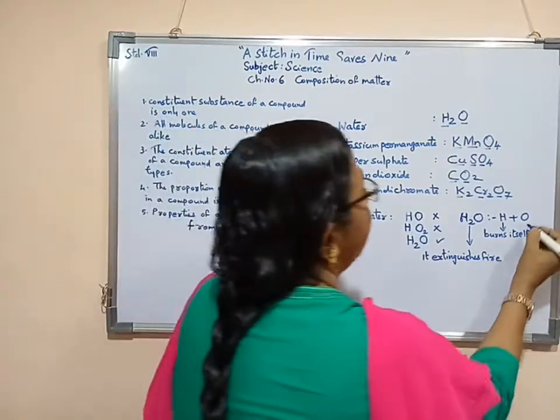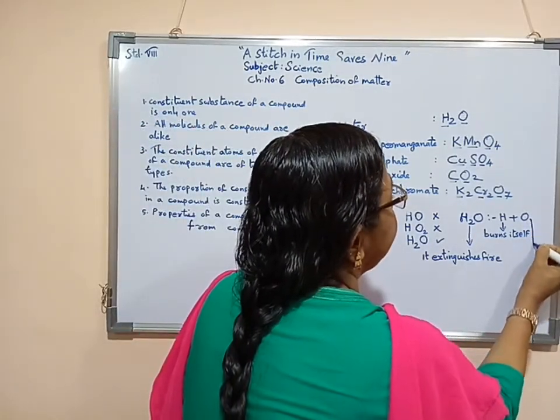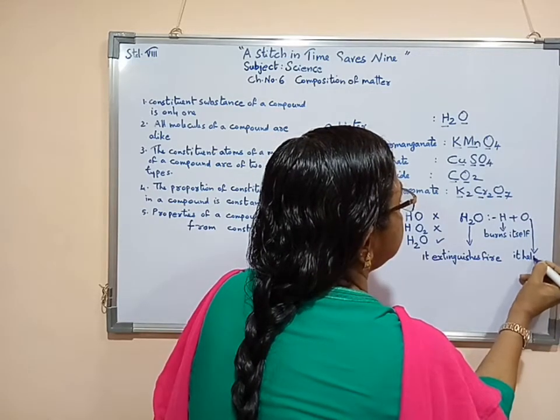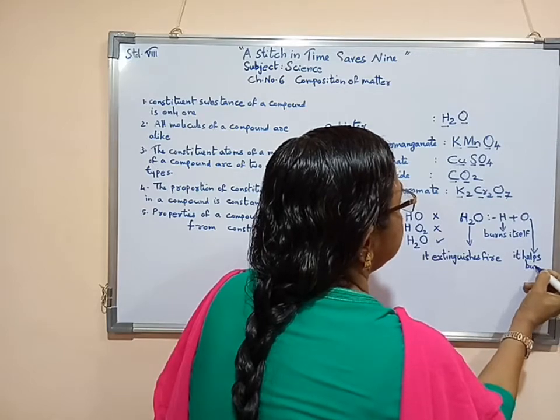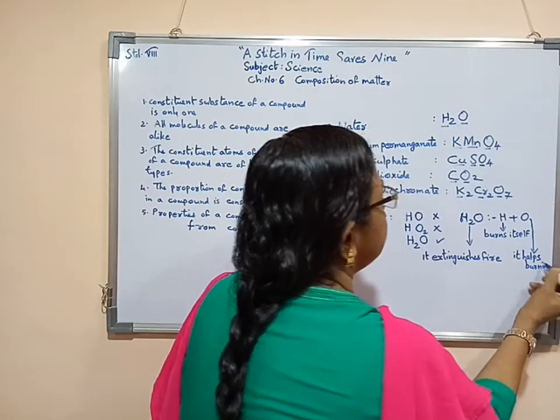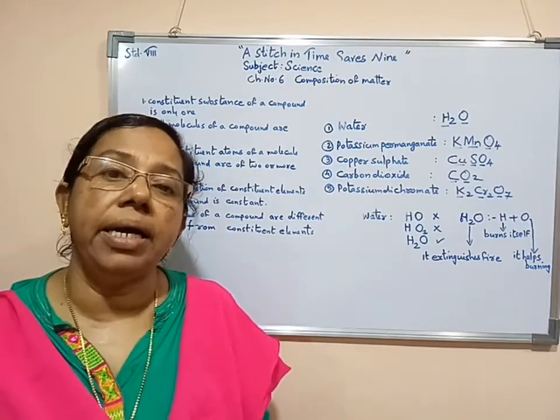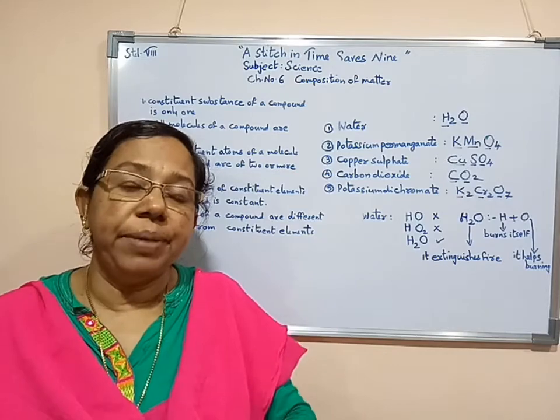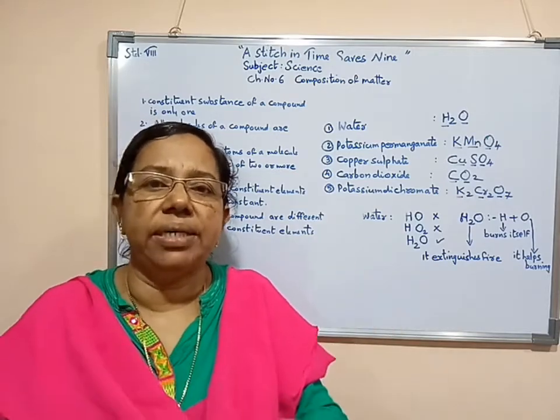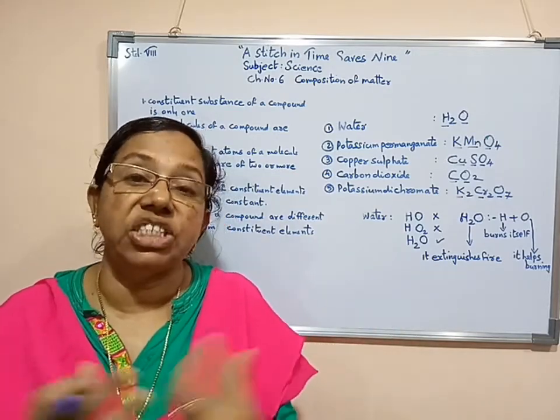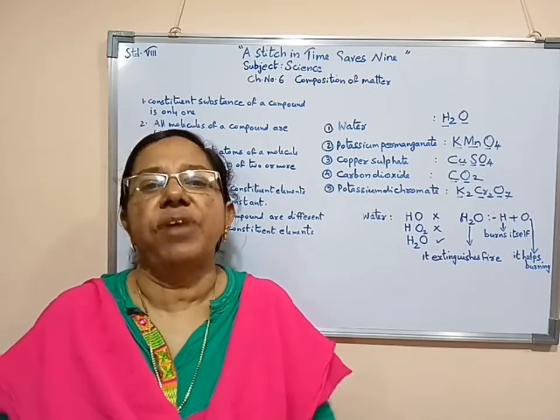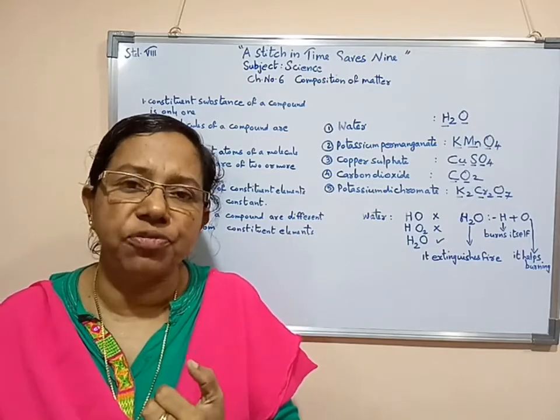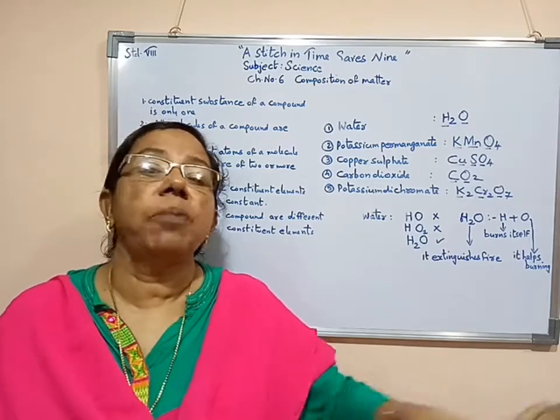But when we think of the characteristics of oxygen, it helps burning. Oxygen helps burning, hydrogen burns on its own. At the same time, when hydrogen and oxygen join together, water is formed, and that water has such a speciality that it stops fire. Hydrogen burns itself, oxygen helps burning, water stops burning.